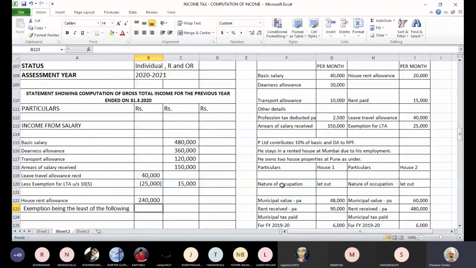Now exemption being the least of the following. First factor is house rent allowance received, which is 2,40,000.